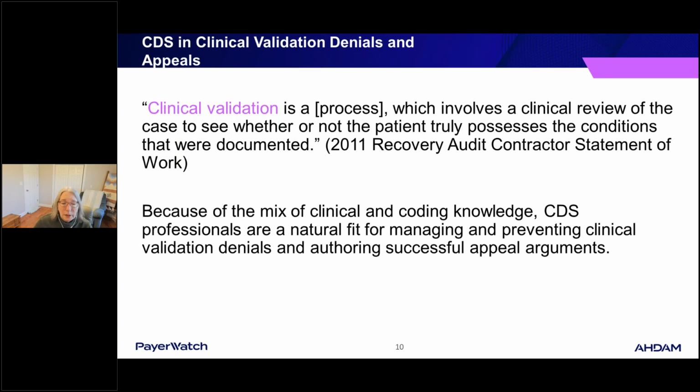So because of the mix of clinical and coding knowledge that CDS has, professionals in that arena are a natural fit for managing and helping to prevent clinical validation denials and being successful in writing appeal arguments and getting those denials overturned. So I'm going to talk a little bit about prevention, clinical validation denial prevention, and also about successful appeals once you do receive a denial.